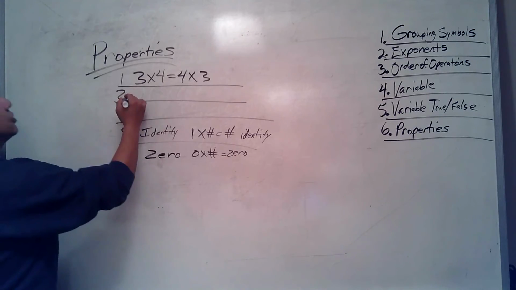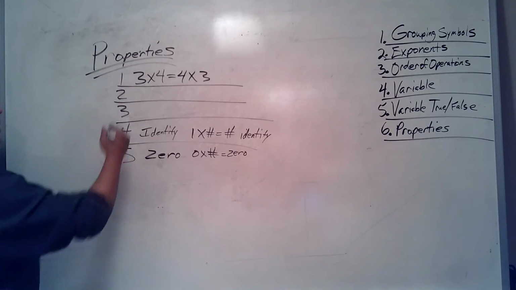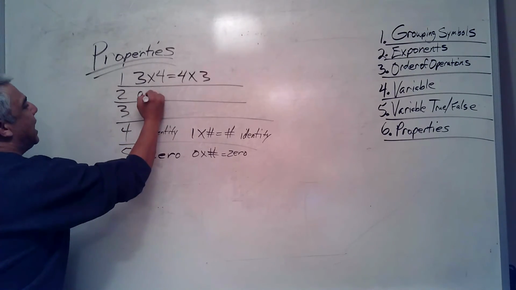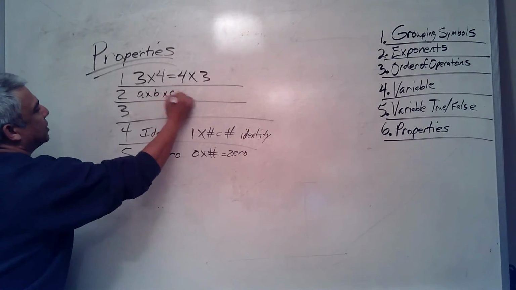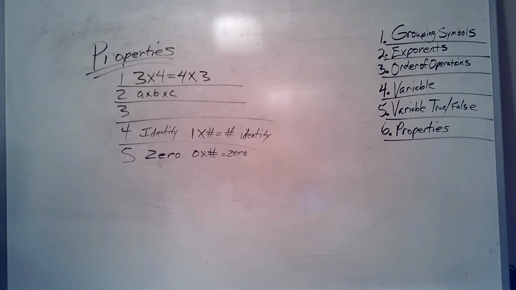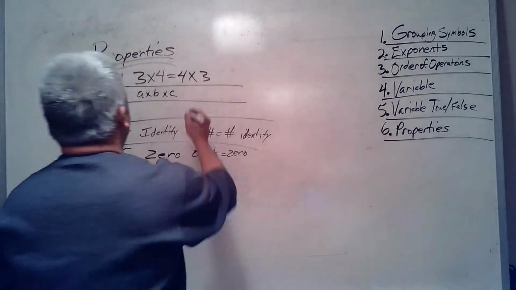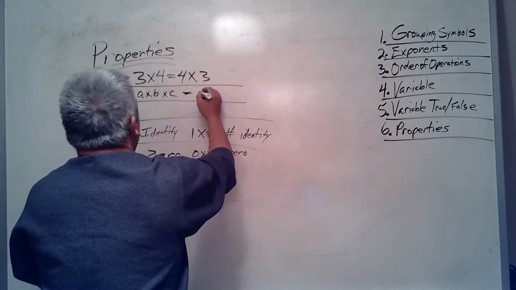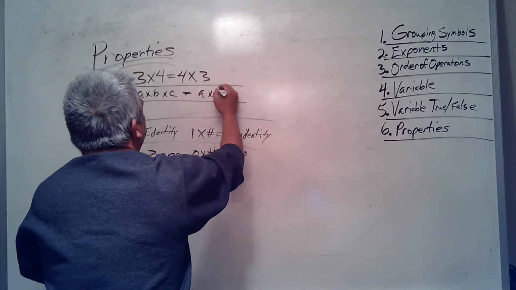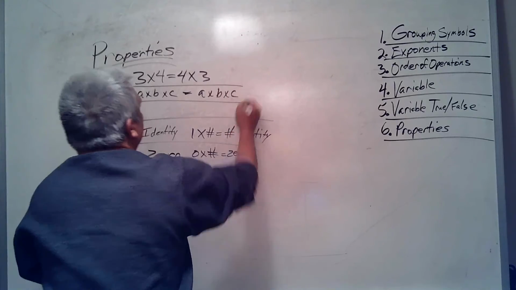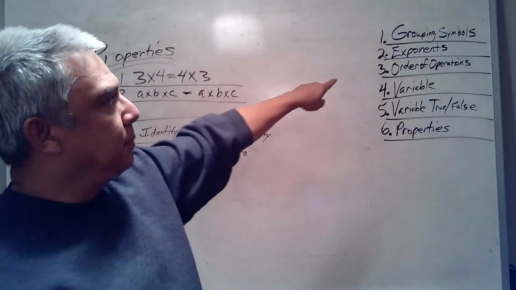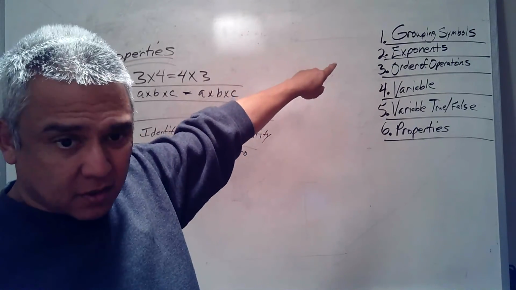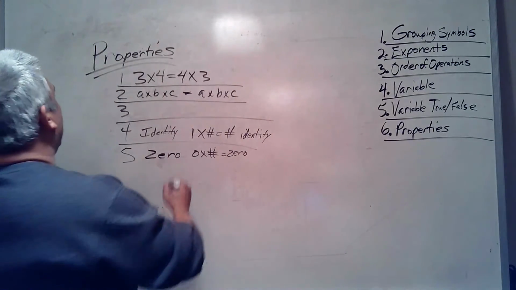Oh, what was the second one? The second one was called associative. Okay, and if I put A times B times C, now what was missing? When we did this property, I told you something special needs to be there to make this work. And it is actually part of what number 1 is. That's right, parentheses.